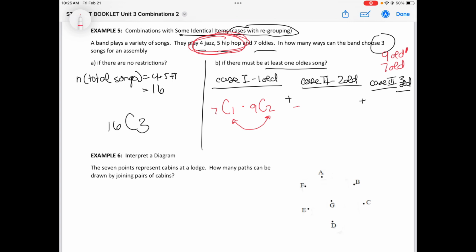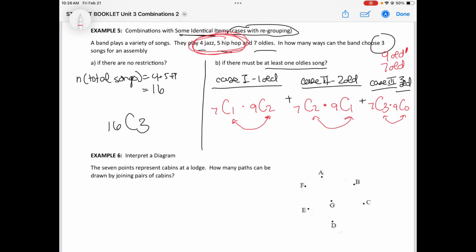Now, 2 oldies, 7 choose 2, which is going to leave us with 1 non-oldie. And again, 2 plus 1 is 3. Now what about 3 oldies? That means we're choosing no non-oldies. So 7 choose 3 and then 9 choose 0.